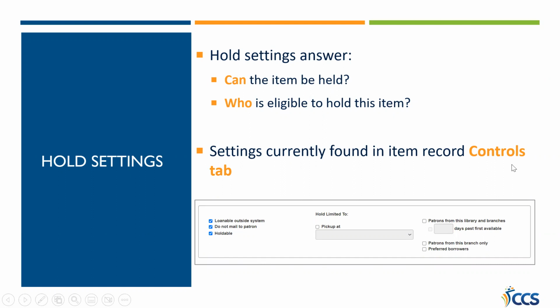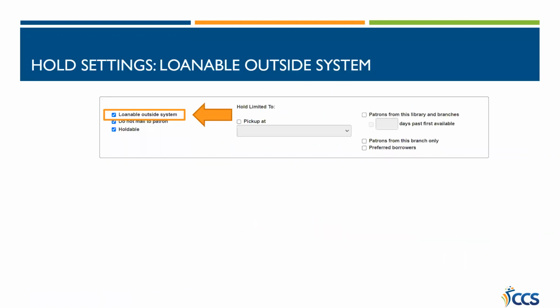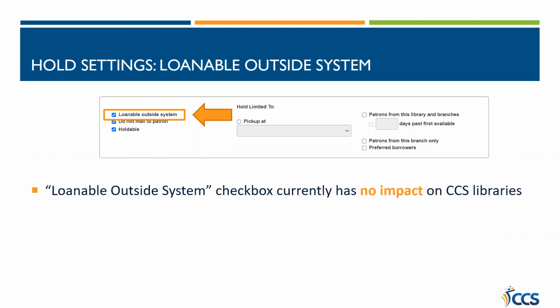The first thing I want to quickly explain is what those first 2 checkbox settings on the upper left are. One of the most common hold questions I get is, what exactly does this loanable outside the system checkbox do? And the short answer is, for us right now, nothing.